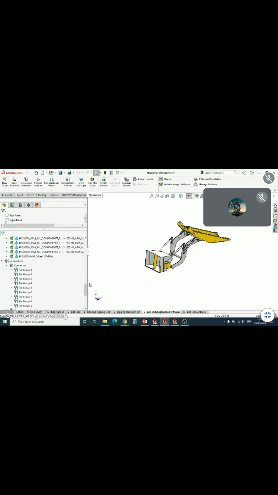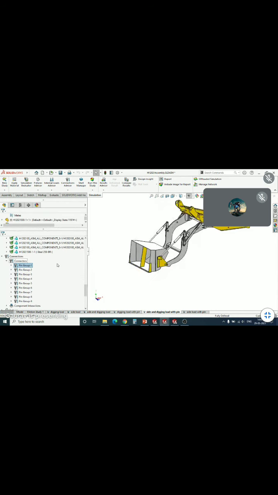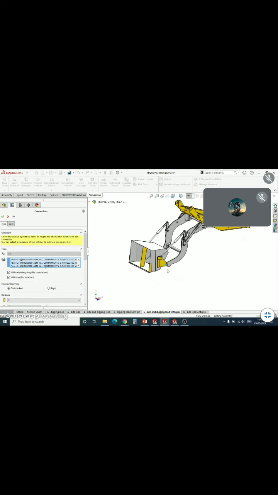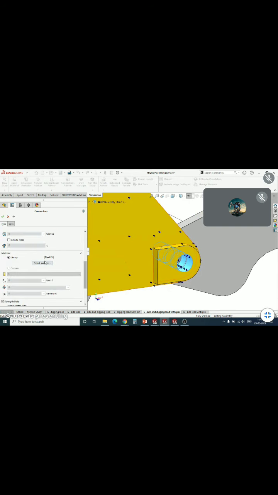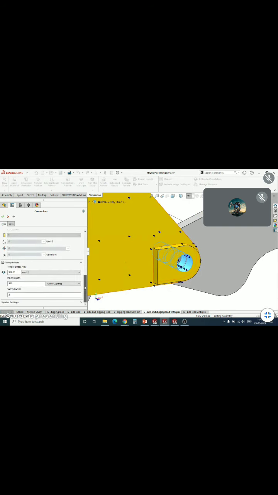So in this case, I have also applied a few connectors. So we have this option of applying any type of pin, bolt, connectors, means spot welding or edge welding and so on. So let me just open one for you. So we can see there are various holes, correct? So I have just applied a pin here, selected the material of the pin and the tensile strength data.